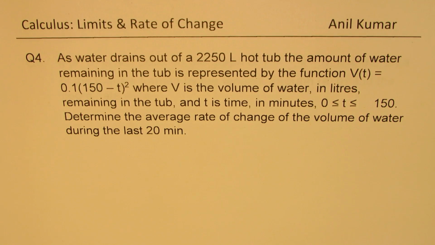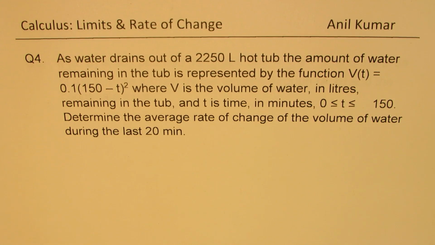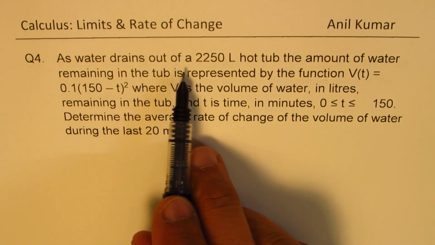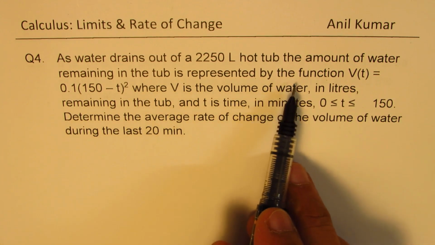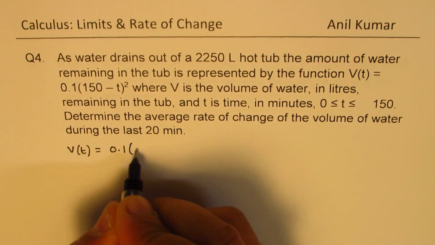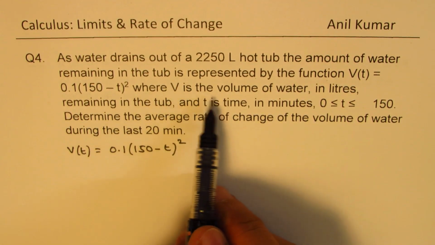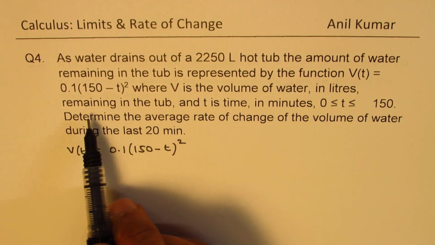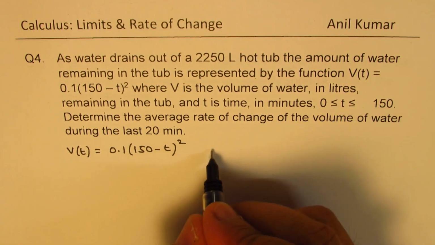So that is how we are going to answer this question. Now let's move on and take the next question. I'd like you to pause the video, read the question, answer, and then look into my suggestions. The question here is, as water drains out of a 2250 liter hot tub, the amount of water remaining in the tub is represented by the function V of t equals 0.1 times (150 minus t) whole squared, where V is the volume of water in liters remaining in the tub and t is the time in minutes from 0 to 150, right?